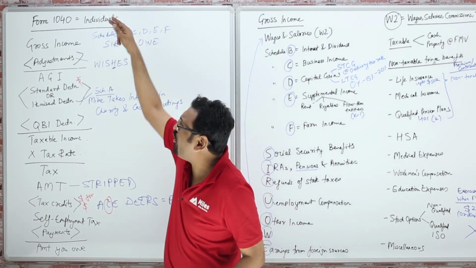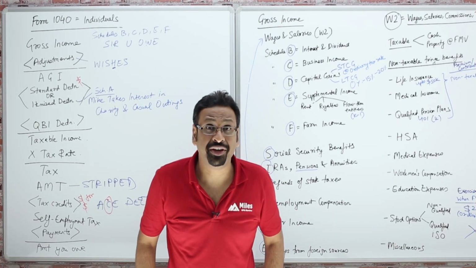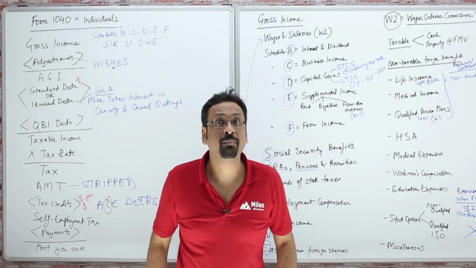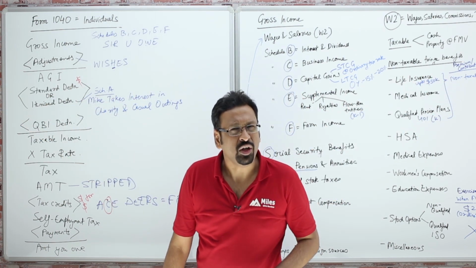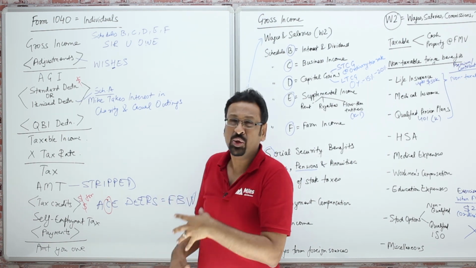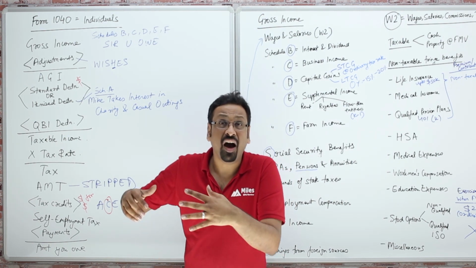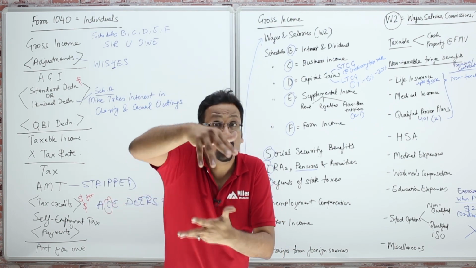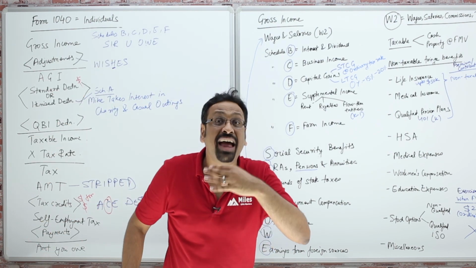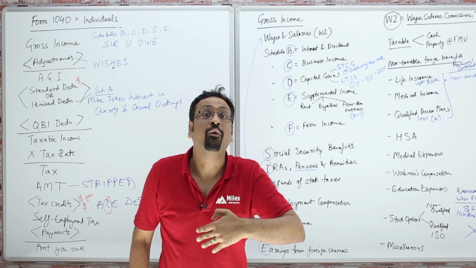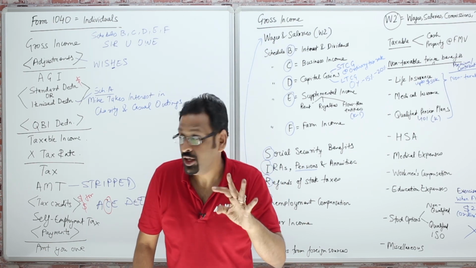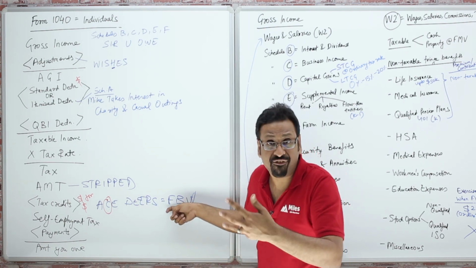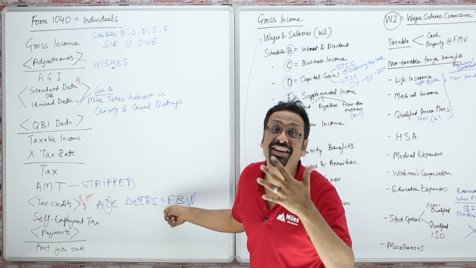On the Form 1040, individual taxpayers are taxed on their worldwide income. I know you're thinking that when these US citizens, US residents earn money in foreign countries, they would have paid taxes in those foreign countries. And that is where they are allowed a foreign tax credit. So when I say ACE dear equals foreign business winner, the F foreign is foreign tax credit.